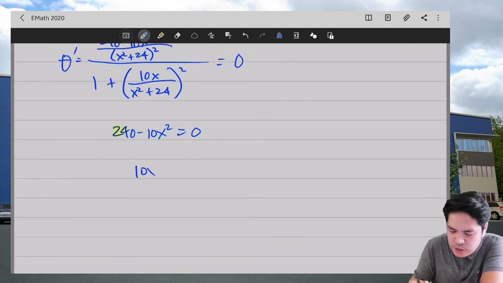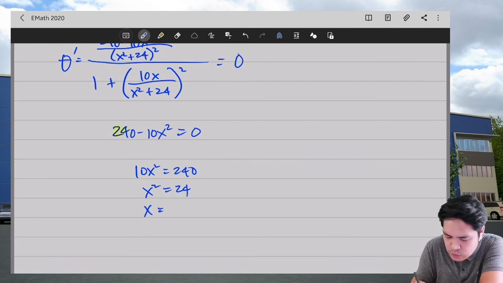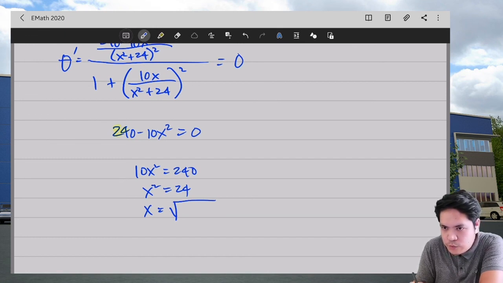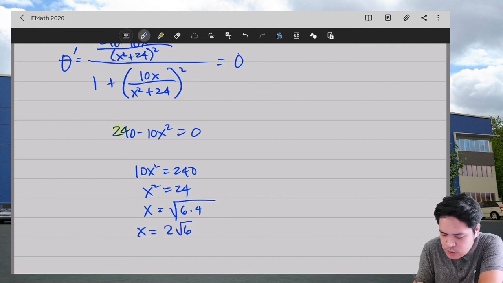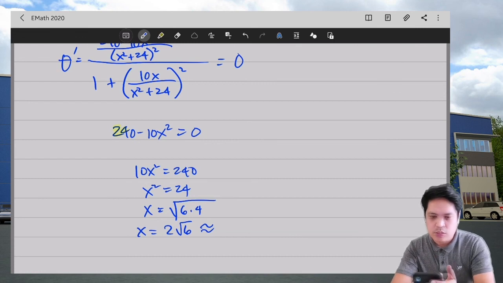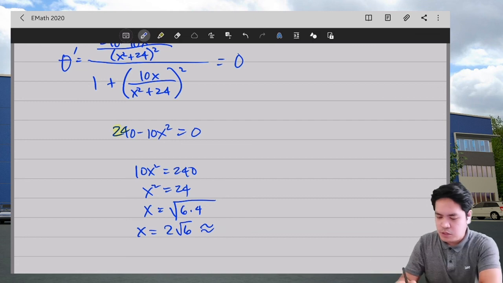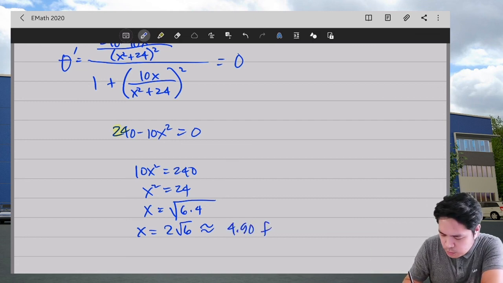So 10x squared is equal to 240, so x squared is equal to 24. Taking the square root, the square root of 24, that is 4 times 6, so x is equal to 2 square root of 6, or approximately, let's use our calculator, 4.90 feet away.